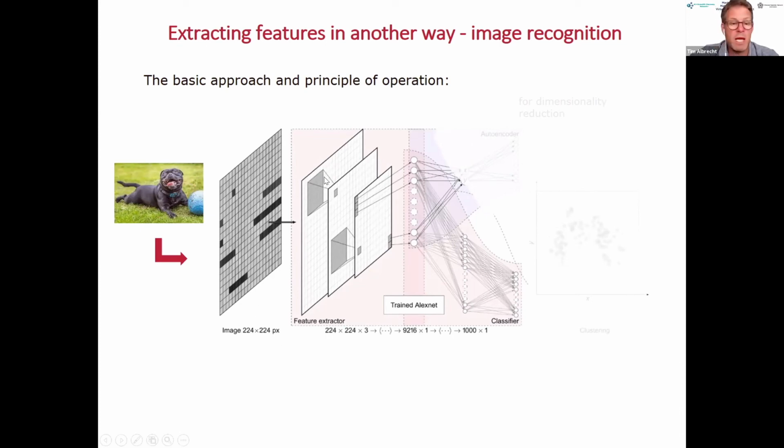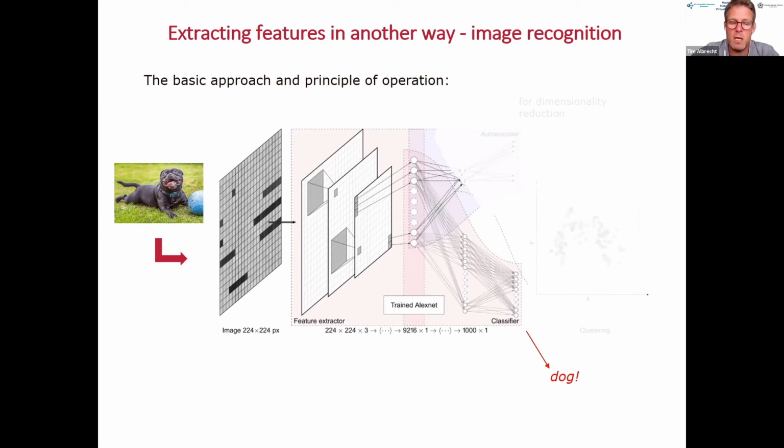It is typically composed of a feature extractor, which tries to extract the salient features that identify this as a dog, for example, then it passes this on to a classifier, and that classifier is ultimately responsible for specifying what's seen on the input image.